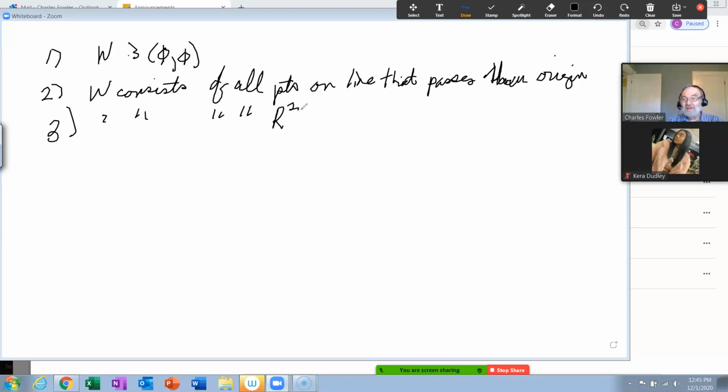So remember, these are our two trivial cases, the 0 only and everything. Other than that, in R2, two-dimensional space, then it has to be any line that passes through the origin. Any line that passes through the origin. Okay? That's it.